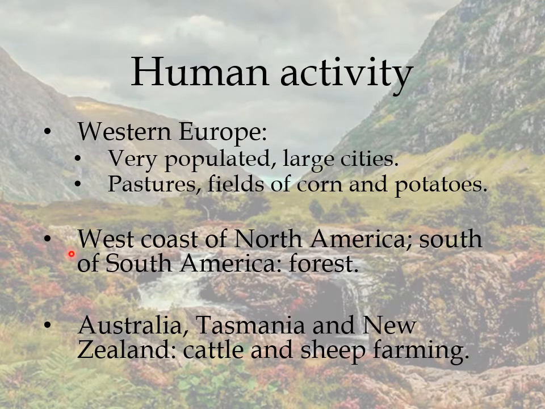On the west coast of North America and the south of South America, we have areas that haven't been so densely humanized, so we can still find the forest almost intact. And this forest is used for collecting wood, so for forestry. And in Australia, Tasmania, and in New Zealand, we will find cattle and sheep farming, so livestock.